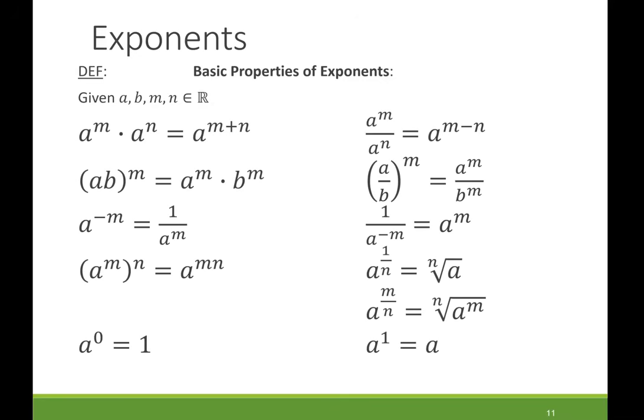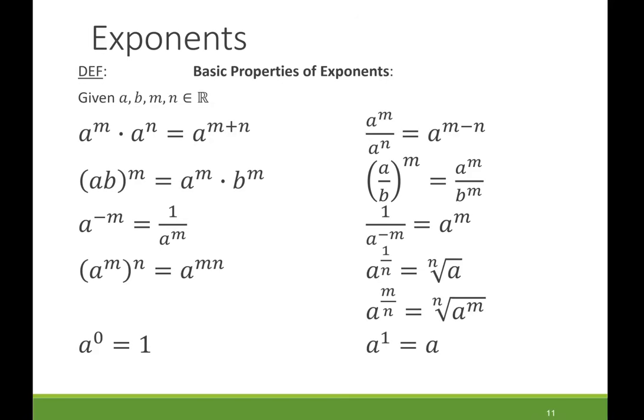So our basic properties of exponents. Found those for you guys. These should all look familiar, right? If we multiply two exponentials with the same base, we add their exponents. We divide two exponentials with the same base, we subtract the exponents. We have that exponent of a product, that exponent applies to both factors of our product.